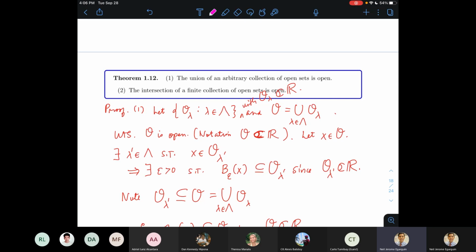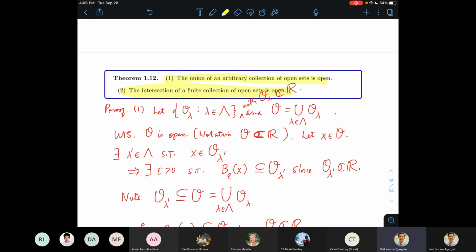Now, if you want to construct other open intervals, we can do, number one, take the union of an arbitrary collection of open sets. So, mangolekta ka ng kahit ilang open sets. Pag kinuha mo yung union nila, open pa rin yung makukuha mo. Or if you have a finite collection of open sets, get their intersection, what you get is another open set.